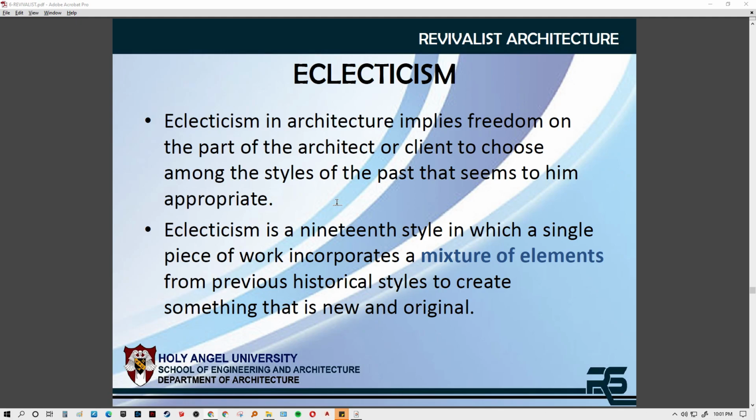Eclecticism is basically, for example, when you want to combine Neoclassical with Gothic, so that's how you use it.